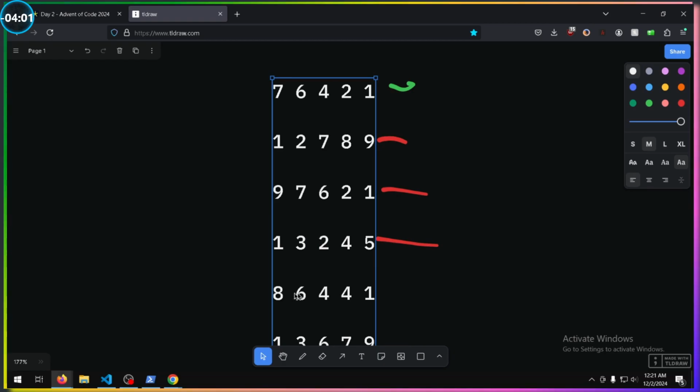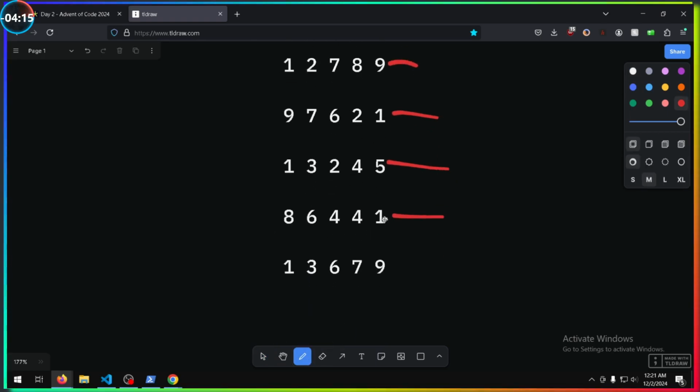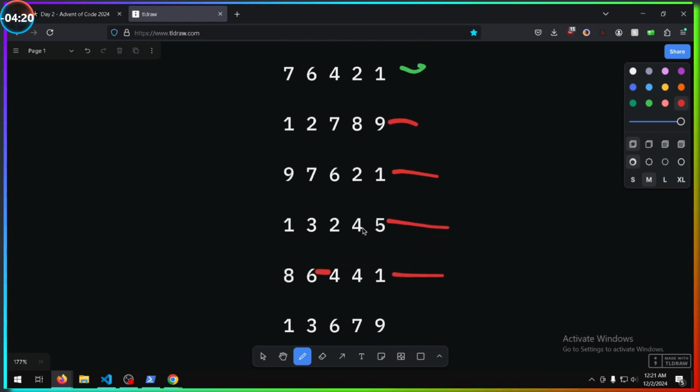When we go from 8 to 6, it's a decrease of 2. 6 to 4, decrease of 2. 4 to 4, it's a decrease of 0, which is not allowed. It needs to be 1, 2, or 3. I'll point out exactly where the things fail. They're all failing between these two pairs.